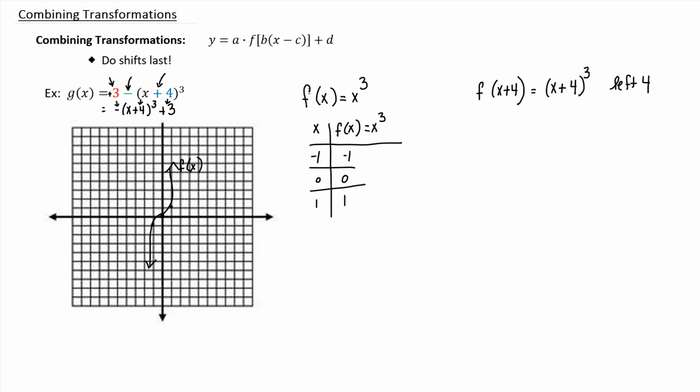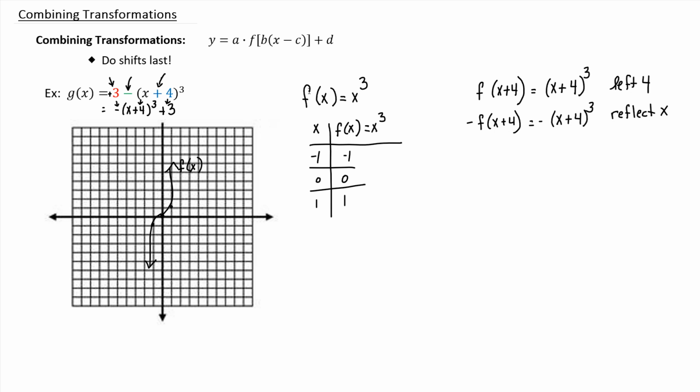That's one of the 3 transformations we have going on here. But then notice also you have this little multiplier of a negative 1 in front of that (x plus 4) piece. So if I put a negative 1 in front, that means I'm negating my entire function. So if I'm negating my entire function, a negative on my y's, we know that's a reflection across the x-axis.